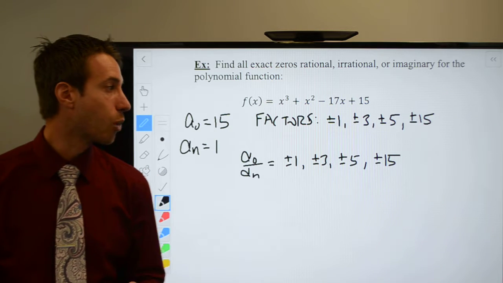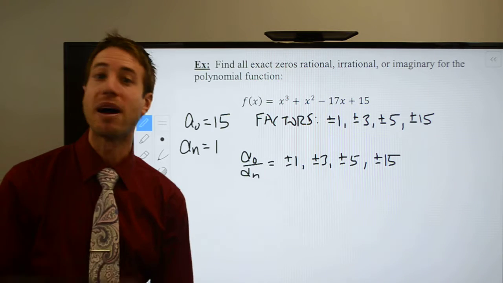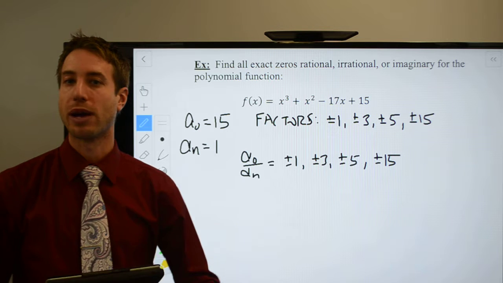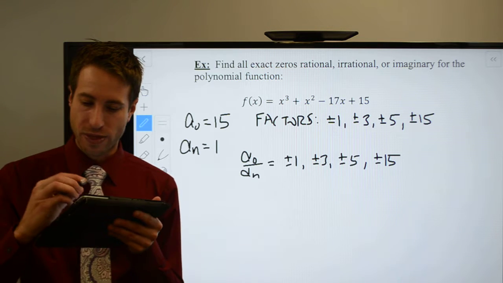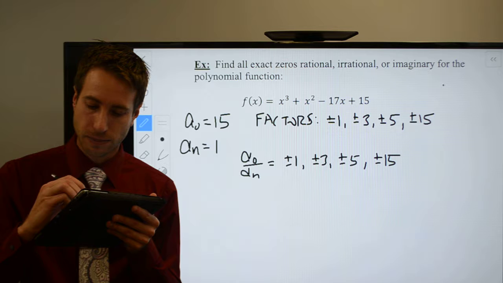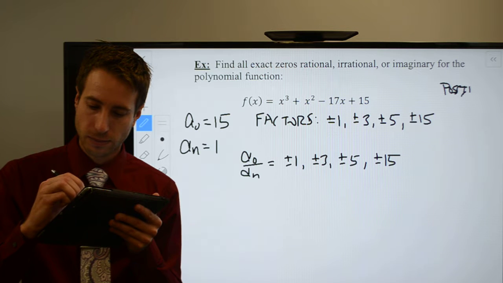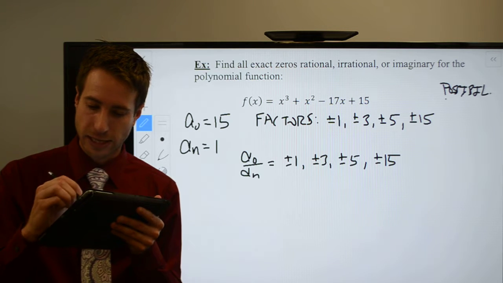Slightly longer list than what we have had in the past, but nonetheless we'll systematically work our way through it until we find one that works. So possibilities, ran out of space, sorry.